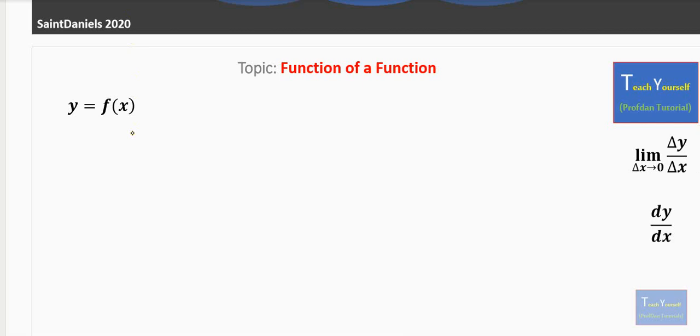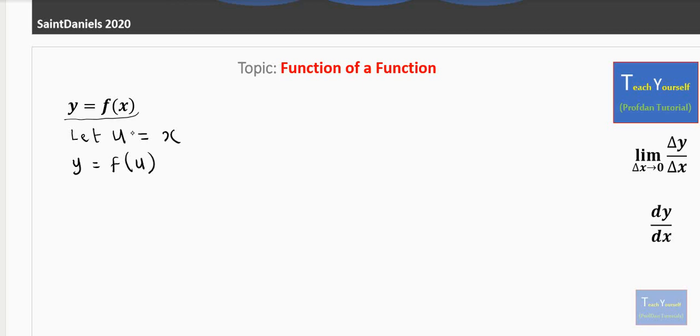Let's say we are given that y is a function of x. Let's say we represent, for example, let u be equal to this x. That means our y now becomes a function of u, since x has been replaced by u.